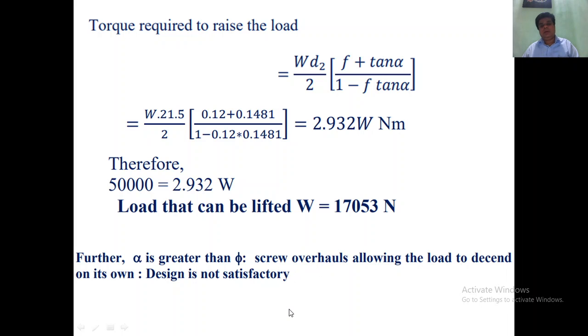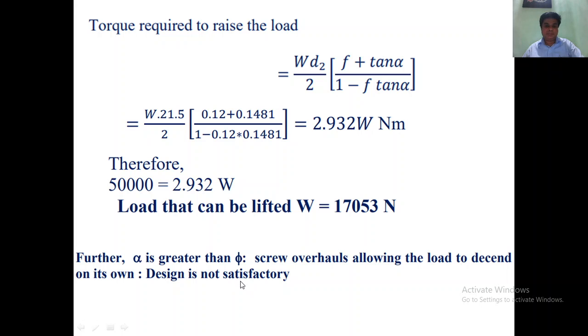That means when you apply this much load, the load will descend on its own. This is a screw jack, so we have to design it for the self-locking condition, but here it shows overhauling. So the design is not satisfactory.